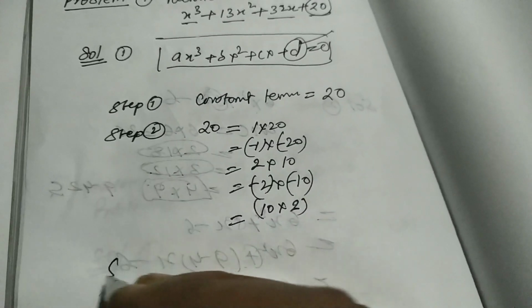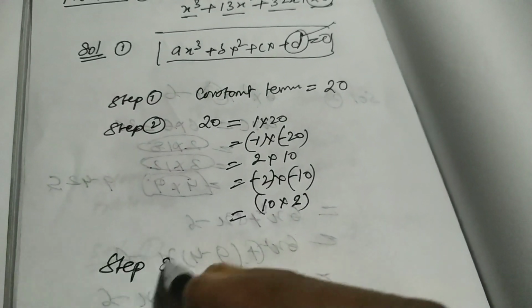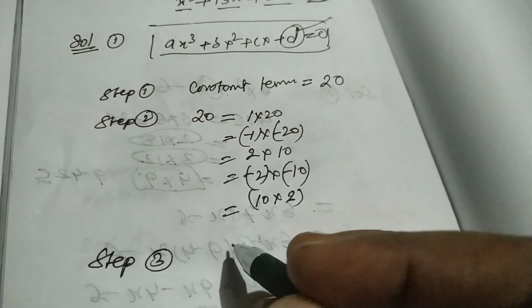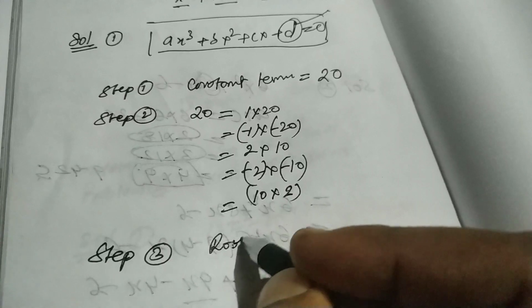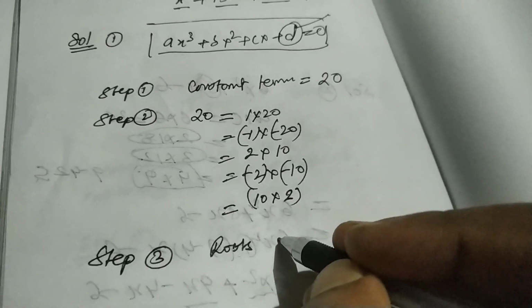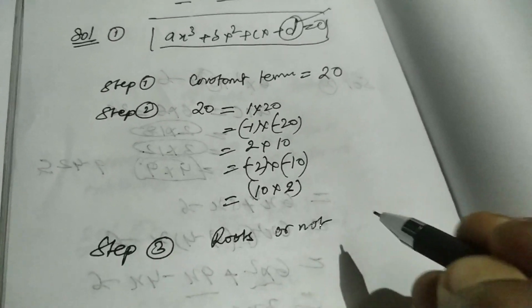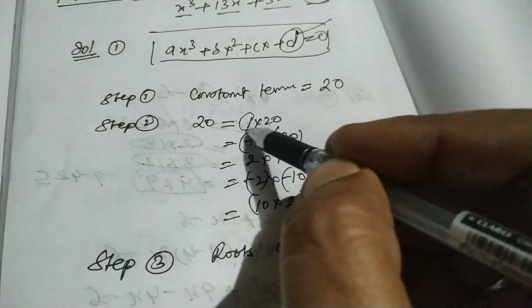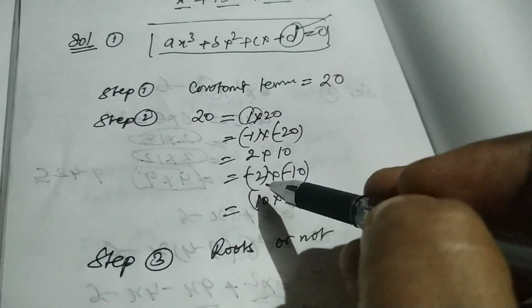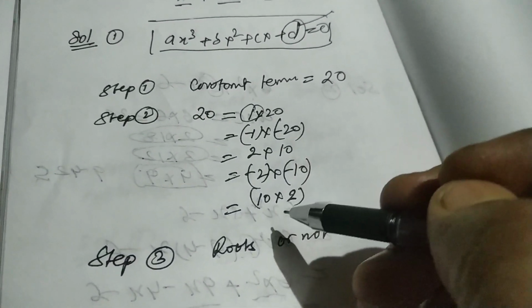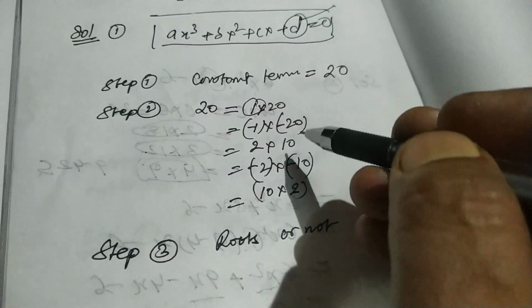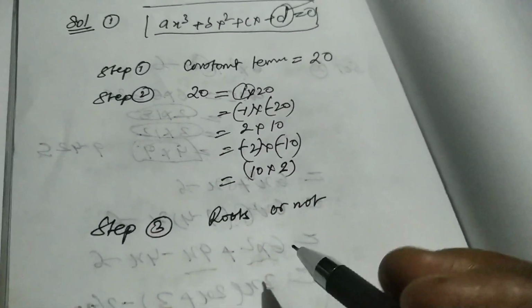Step number 3: check whether these are roots or not, starting in increasing order. First 1, then minus 1, then 2, minus 2, then 10, minus 10, and then 20 and minus 20.